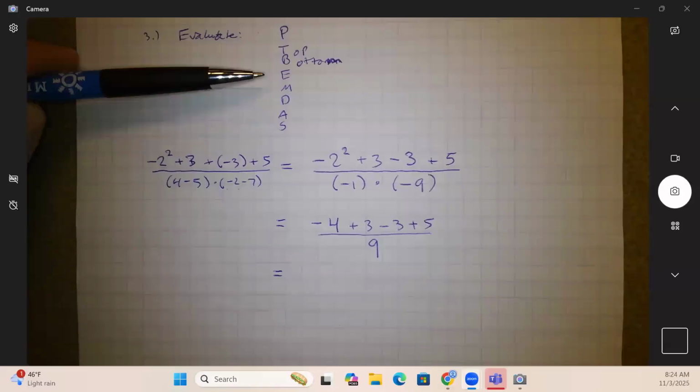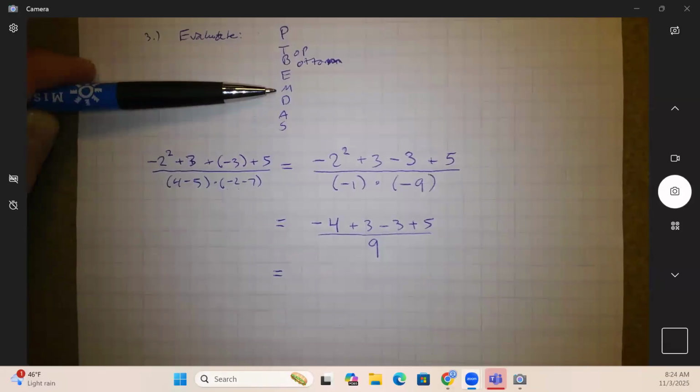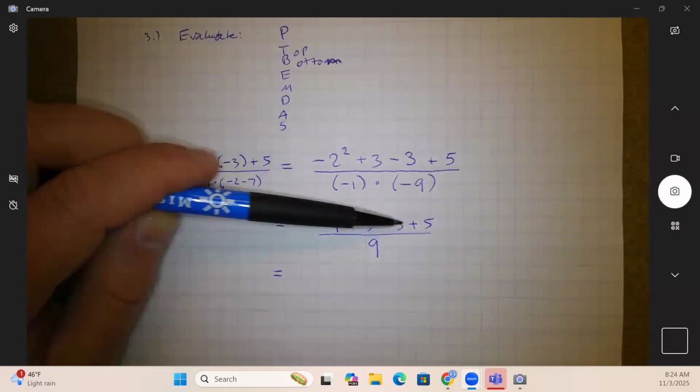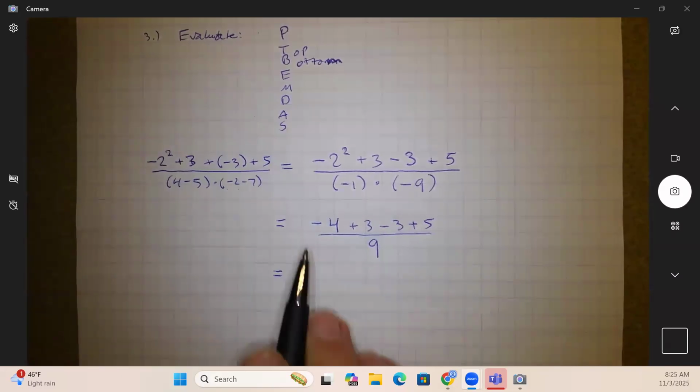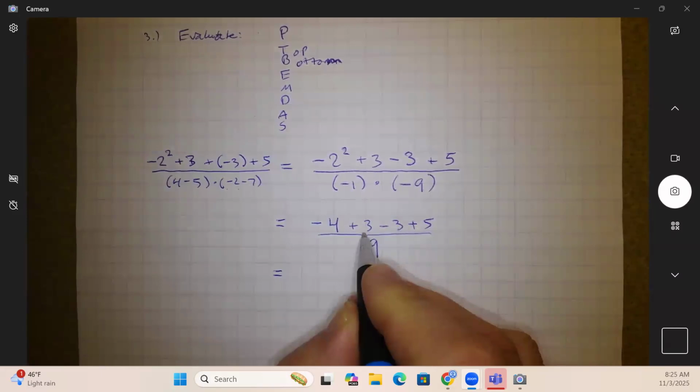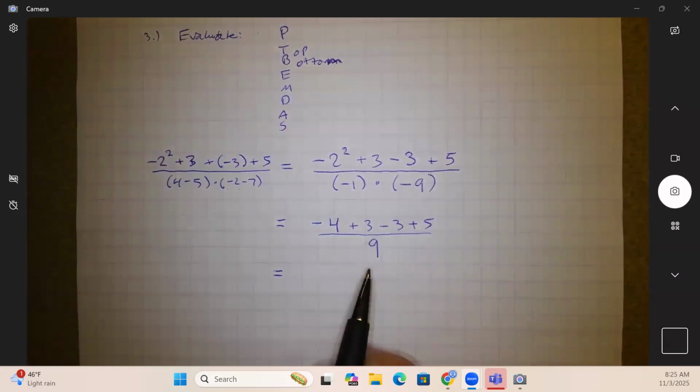So we've taken care of the exponential in the top. We've taken care of the multiplication in the bottom. So now we need to do the addition and the subtraction in the top while we leave the bottom alone. -4 plus 3 is -1, working left to right.